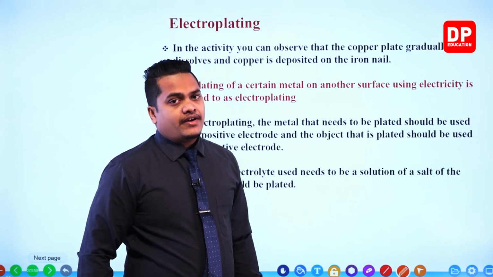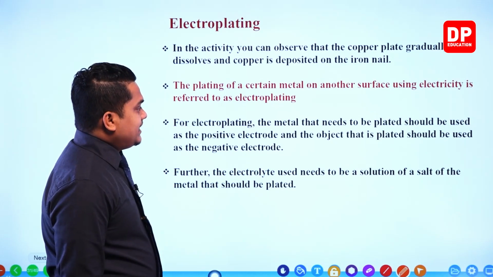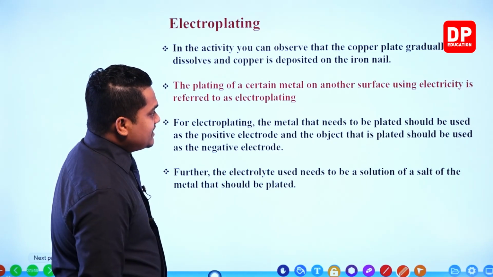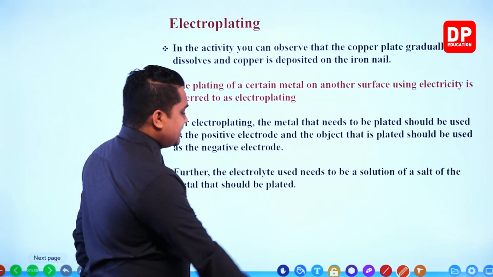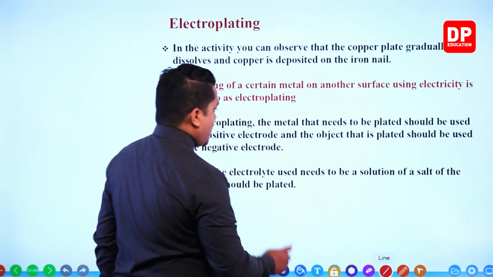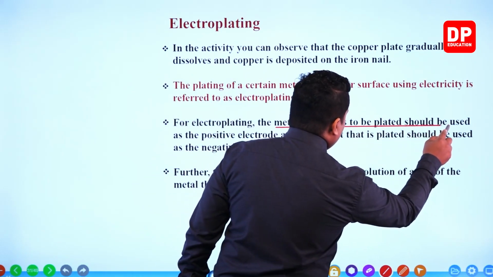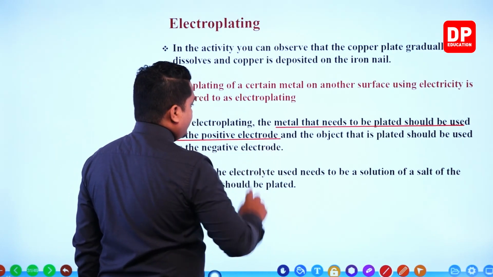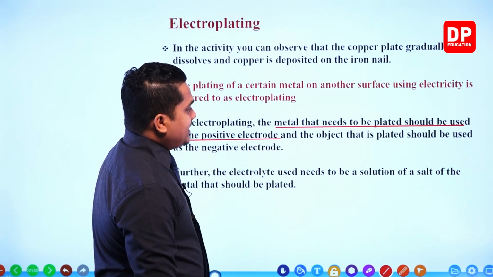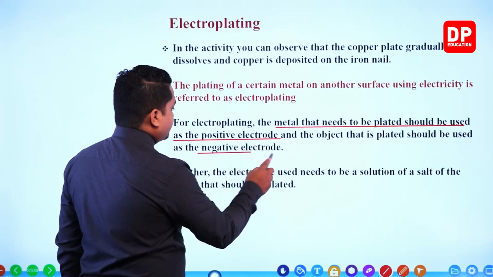So this is referred to as electroplating. For electroplating, the metal that needs to be plated should be used as the positive electrode. And the object that is plated should be used as the negative electrode.